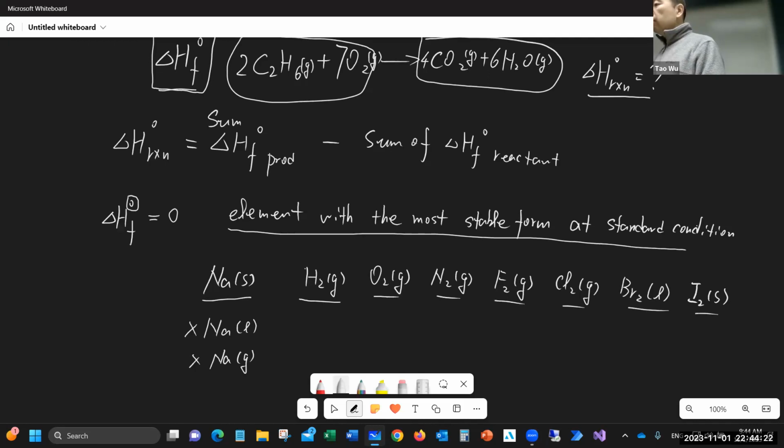And for most of the other elements, metals, they are mostly solids, except mercury. Mercury is a liquid at room temperature. Makes sense, right? So those are all the most stable forms. Are you with me? So that's why the enthalpy of formation of those elements, those solids, is equal to 0. That makes sense, right?